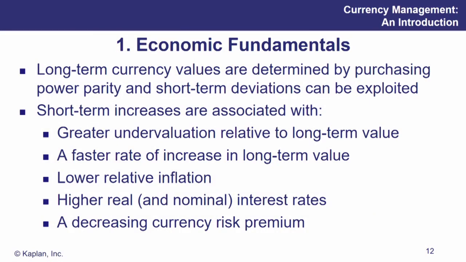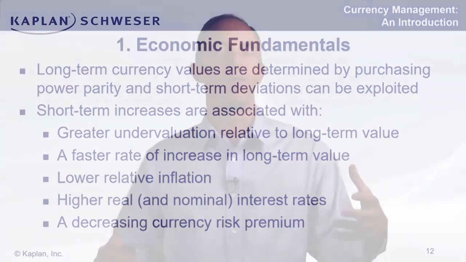So that's going to change the calculus of the purchasing power parity. Higher real and nominal interest rates certainly are going to play a factor in the result here. And then finally, a decreasing currency risk premium. These are things that can have short-run effects that perhaps present us with trading opportunities that we can exploit for a little bit of extra alpha. Long run, we sort of expect things to revert towards, at least, purchasing power parity.